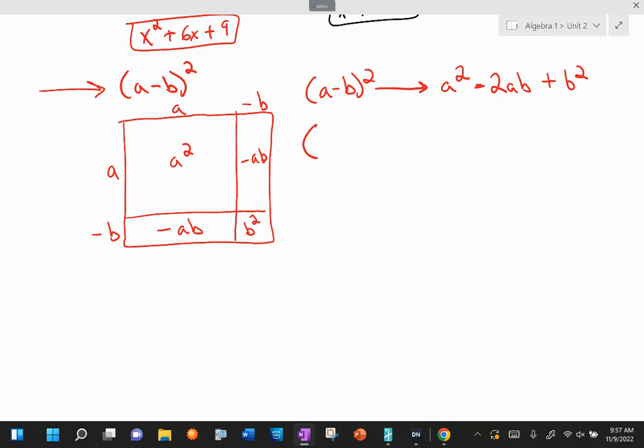So let's say we have x minus 3 squared. X minus 3 squared will go to x squared minus 2 times 3x plus negative 3 squared.